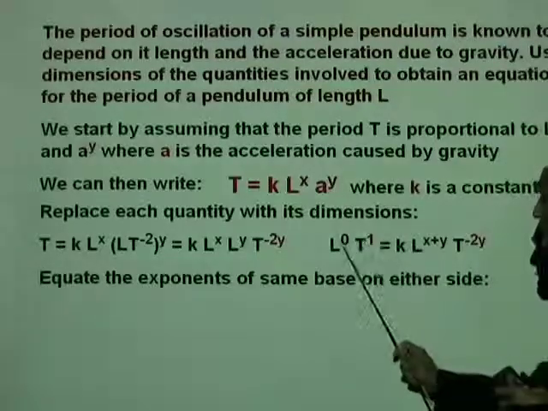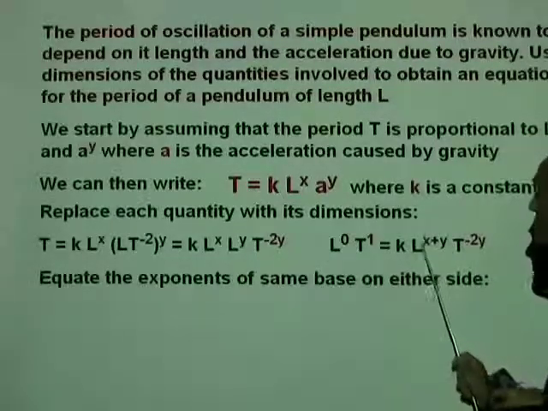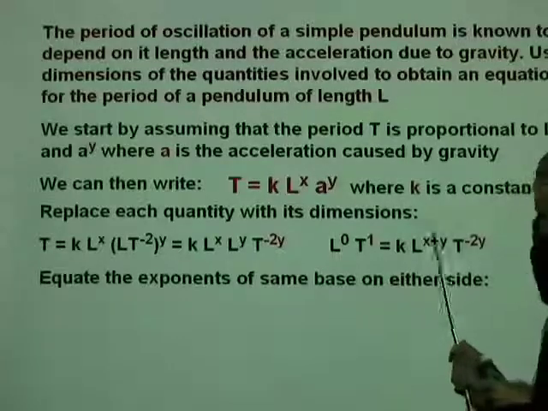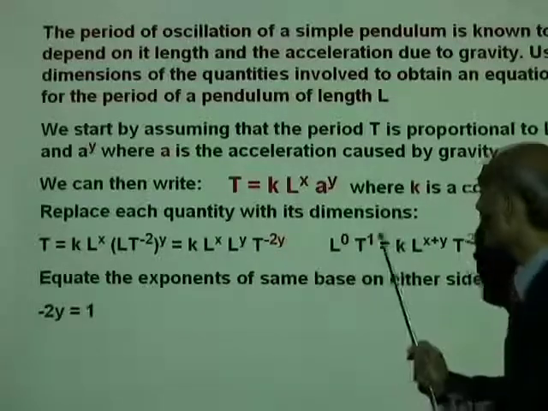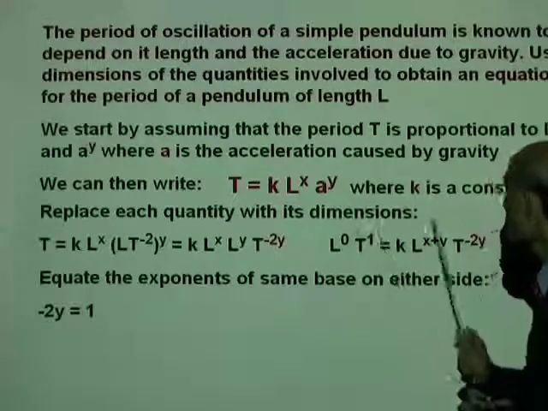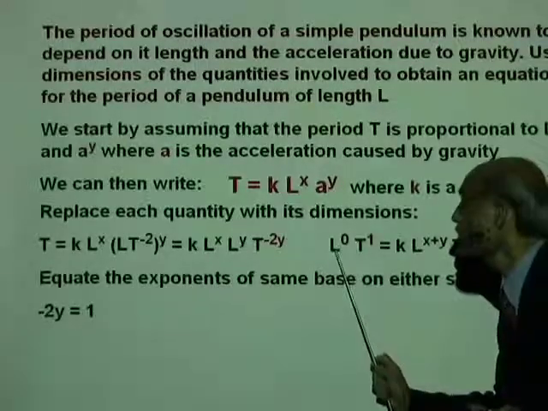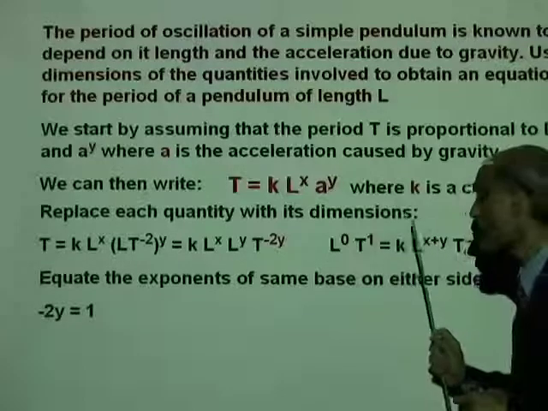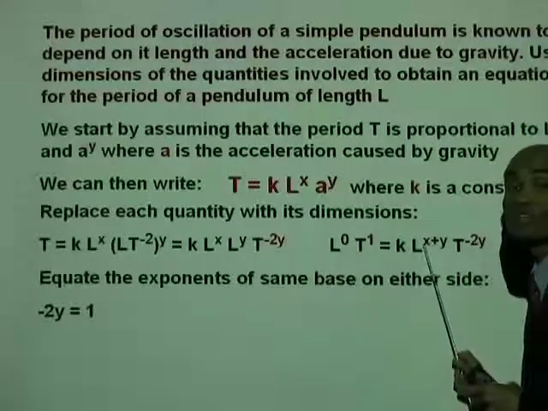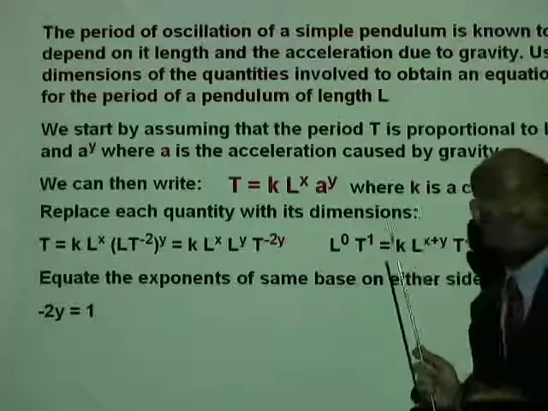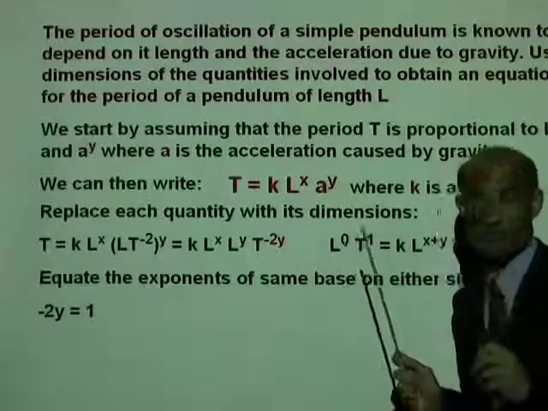It means 0 is the same as X plus Y. And 1 is the same as negative 2Y. The exponent of L on the left side must be equal to the exponent of L on the right side. I'm sure you agree with me there.